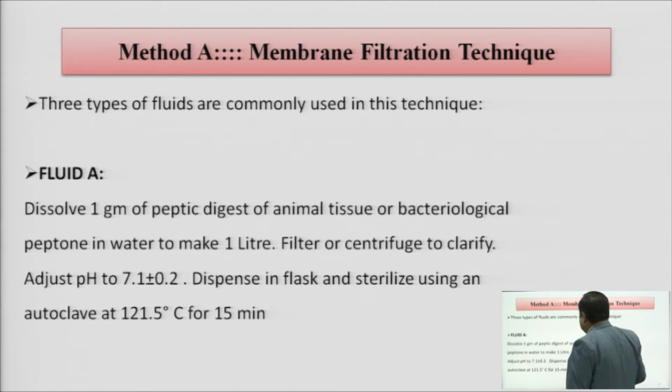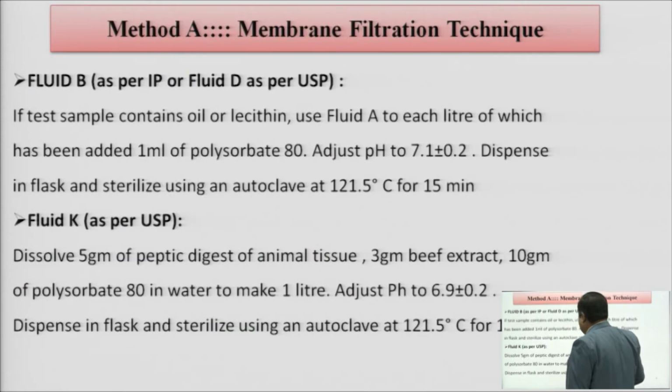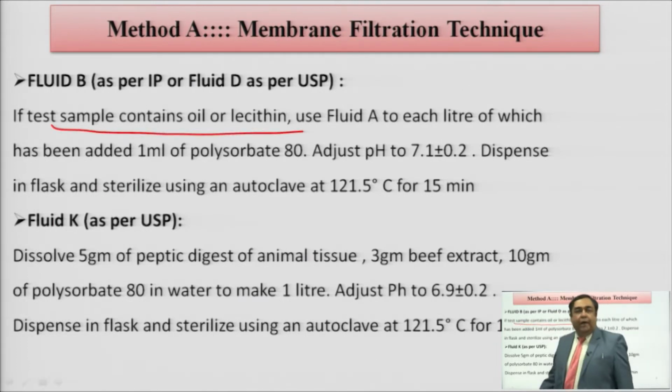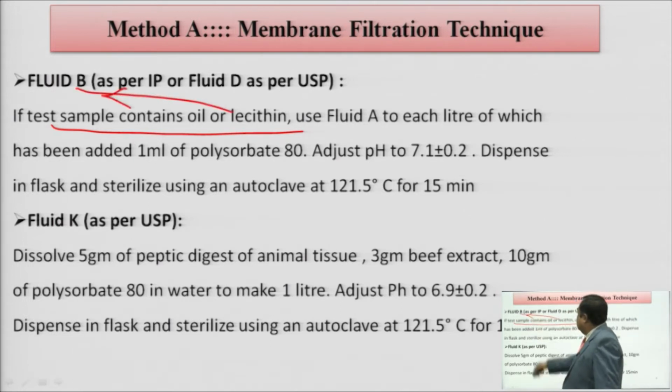The second fluid, which is recommended by the Indian Pharmacopoeia as fluid B, or fluid D as per USP. If the test samples contain oil or lecithin, you have to use fluid B. What is fluid B?